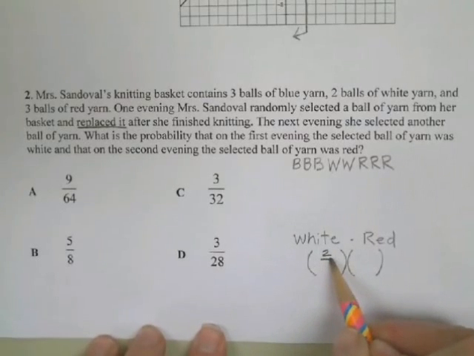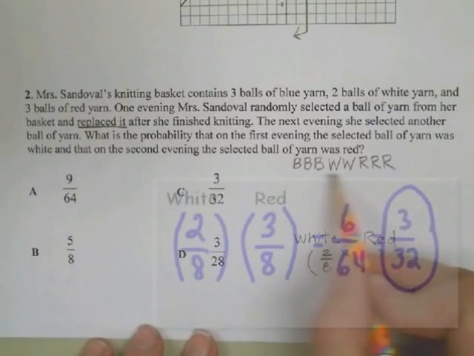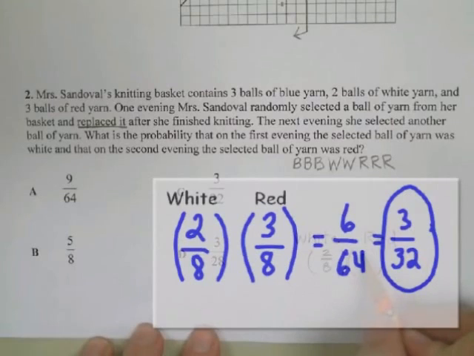Times the next night, remember she put it back, so all 8 balls of yarn are still there. The next night she wants to find the probability or what would happen if she was going to pick a red. Well, choosing a red out of all 8, because they've all been put back, is 3 out of 8. We will multiply these probabilities together and reduce our fractions.